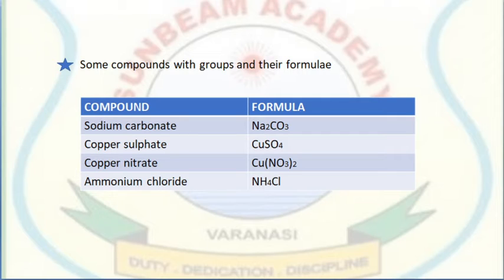Examples of some compounds formed by the groups and their formulas are given in this table: sodium carbonate, copper sulfate, copper nitrate, ammonium chloride, and so on. So let's come to the board.